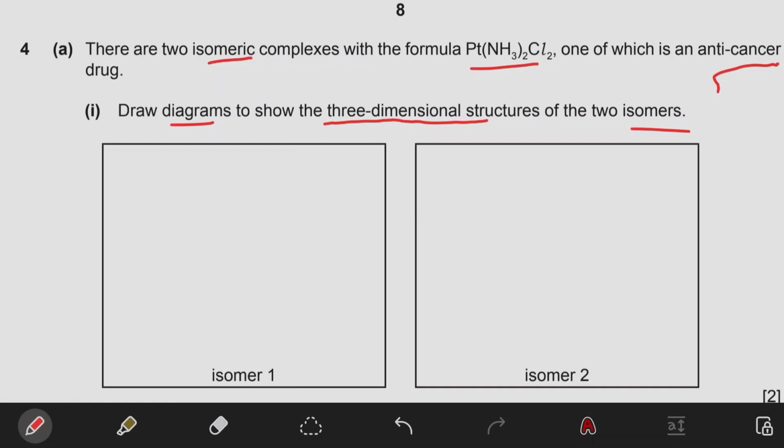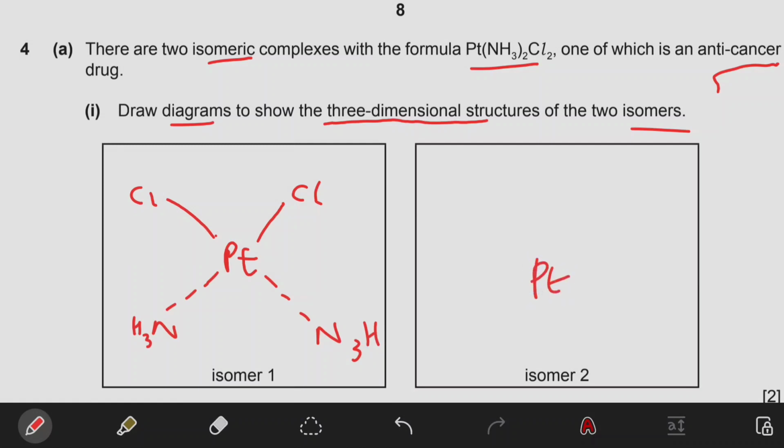So just draw it in the square planar shape. First we will show Cl or NH3 on the same side, this is cis, and the other one is trans.